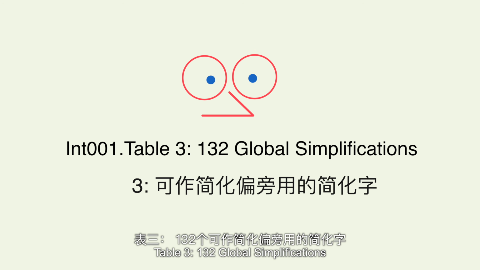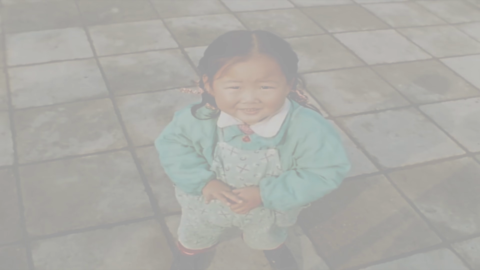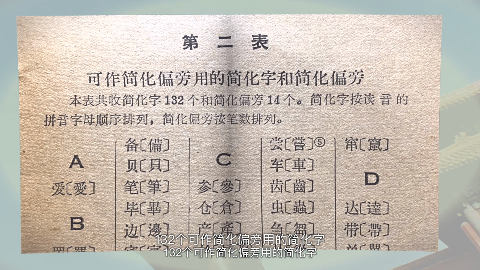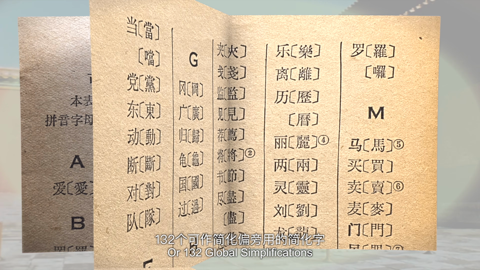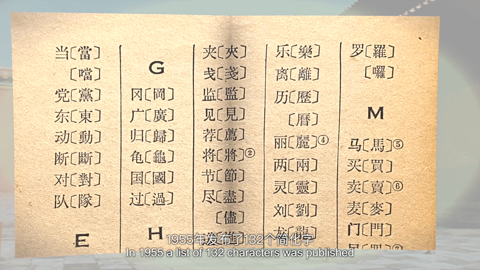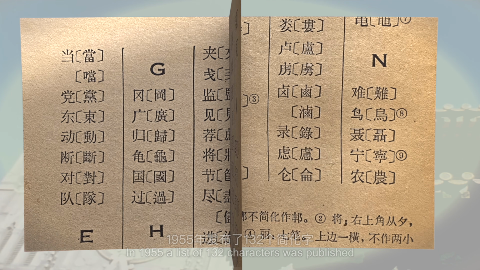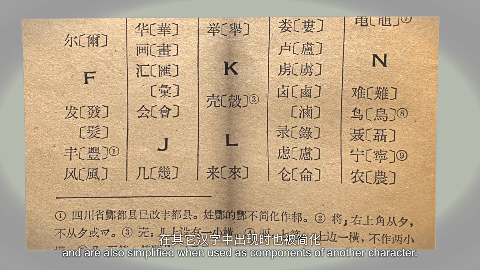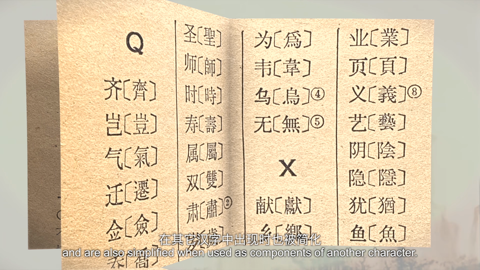Table 3. 132 Global Simplifications, or Kezhou Jianhua Pianpang Yong de Jianhua Zi. In 1955, a list of 132 characters was published, which are simplified in their standalone form and are also simplified when used as components in another character.